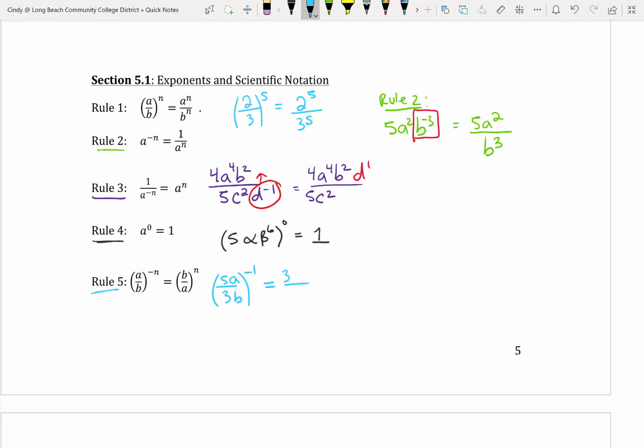So this is 3b over 5a to the first power, which is just 3b over 5a. So that's what we're doing here. So this is just a short mini example to show you how to understand our rules of exponents.